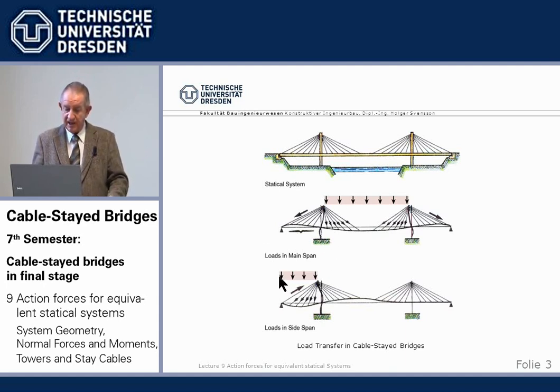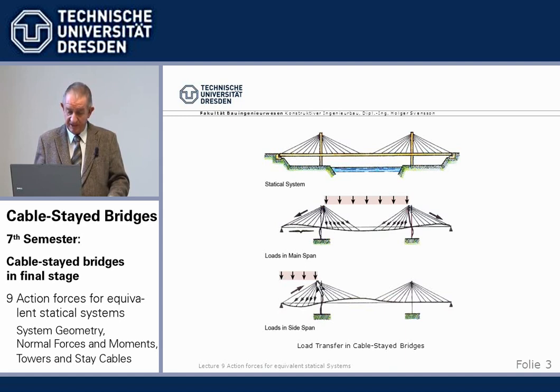If we have the life load in the side span, we have an interesting phenomenon which you must always be well aware of. How is the flow of forces for a side span loading? Of course, again, in tension in the cables, the loads go up to the tower head.